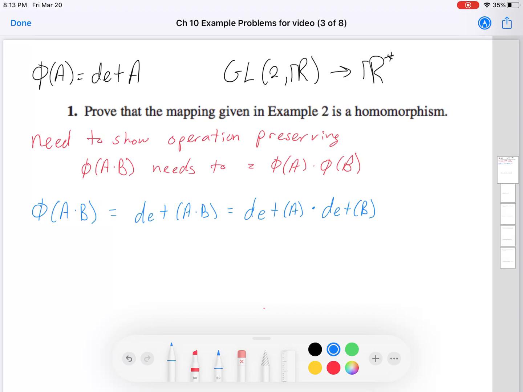Isn't the determinant of A times the determinant of B equal to phi of A times phi of B? And that's exactly what we wanted it to equal to show that it's operation preserving. So therefore, phi is a homomorphism.